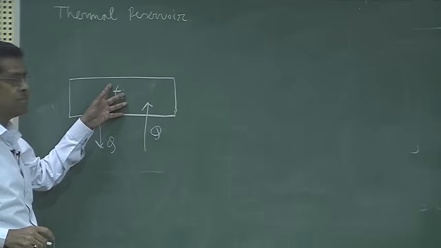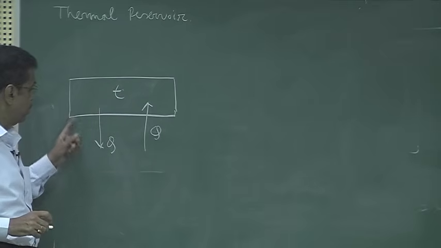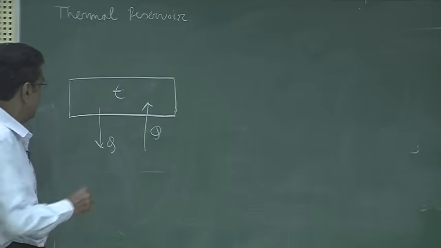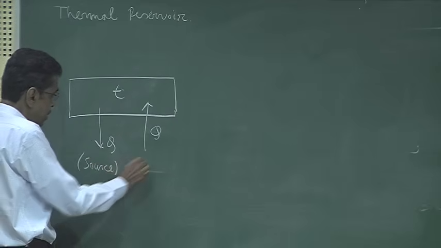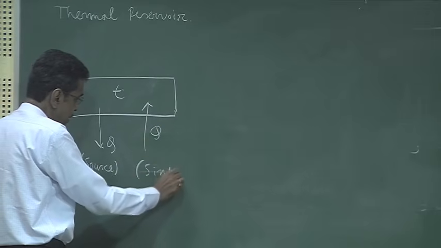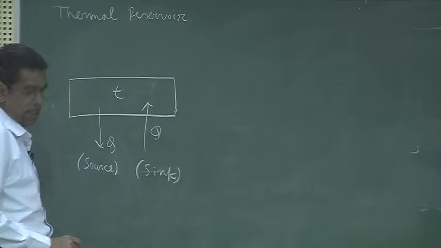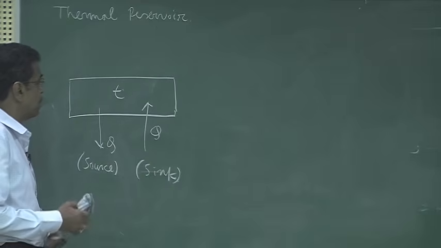Its thermal capacity is very high compared to this heat transfer. This is known as a thermal reservoir. When it supplies heat, the reservoir is known as a source. When it receives heat, the reservoir is known as a sink. This is the concept of a thermal reservoir.